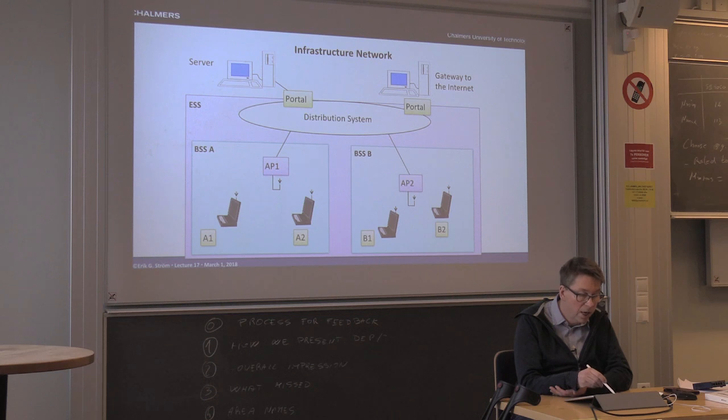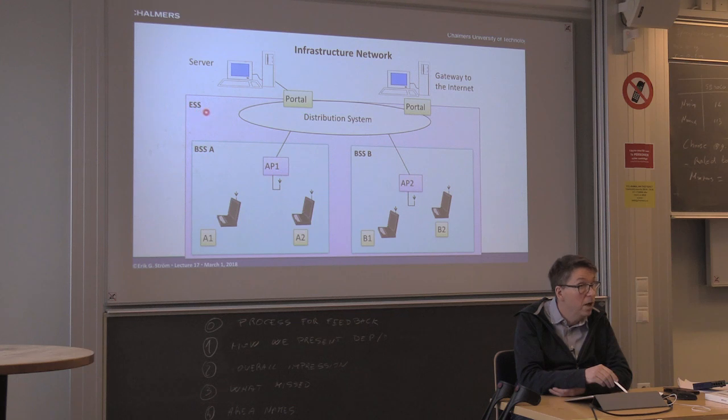So somehow the access points have a means to communicate through this distribution system. Attached to the distribution system, there are special nodes called portals, and these could then be a gateway to the internet. Okay, so basic service set, access point, distribution system, and together they form an extended service set.